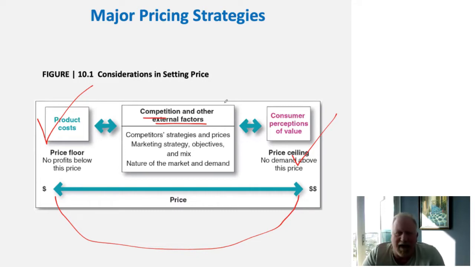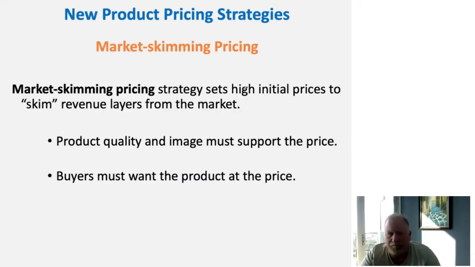So there's a lot of dynamics that we consider in between here that allows us to determine where the optimal location across the spectrum would be between the product floor and the product ceiling. So that's just a basic review again of where we want to consider setting a price for a product.